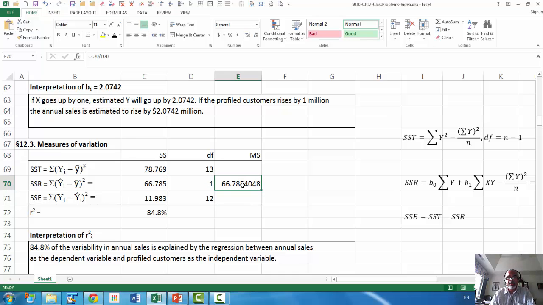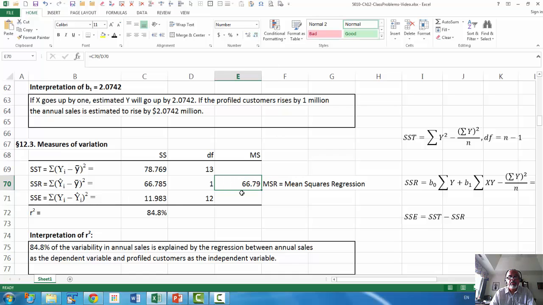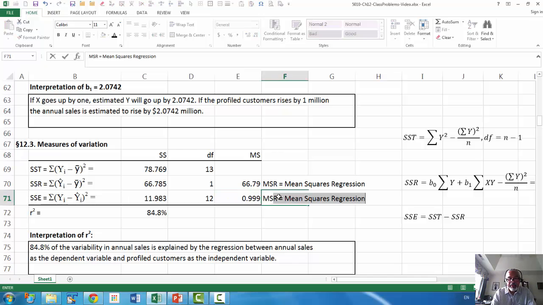So this is MSR, mean squares regression. And you do the same thing for SSE: take the sum of squares and divide by the degrees of freedom, and you get what is called MSE, mean squares error.